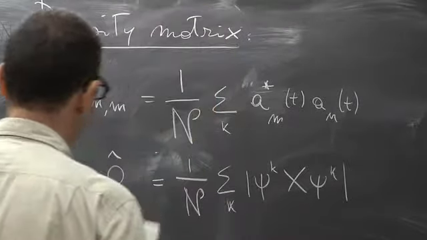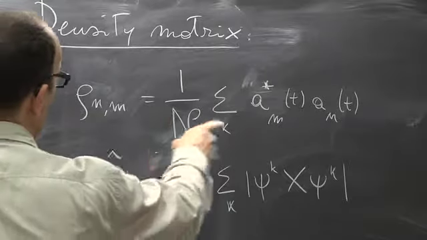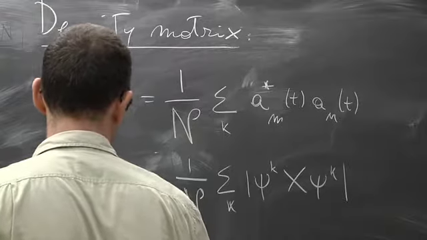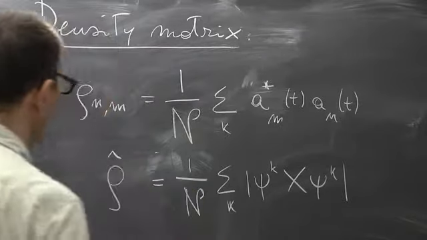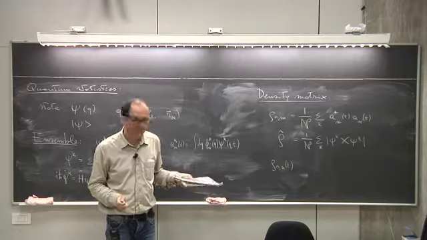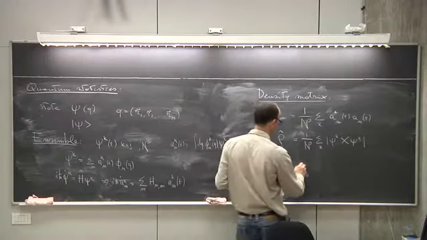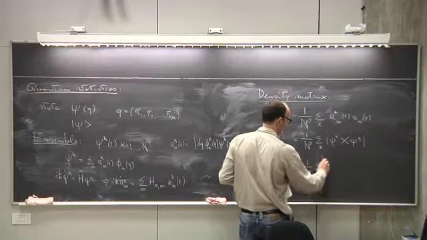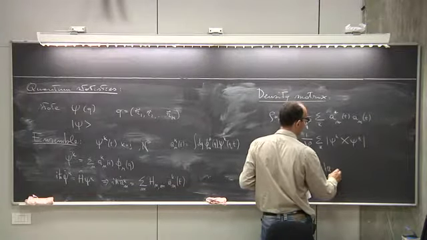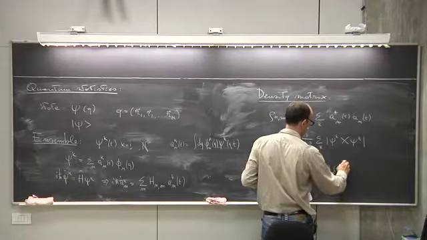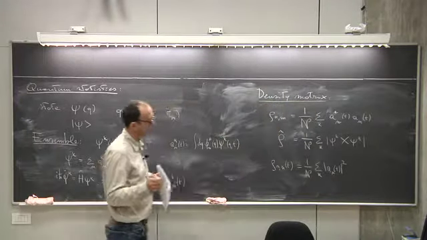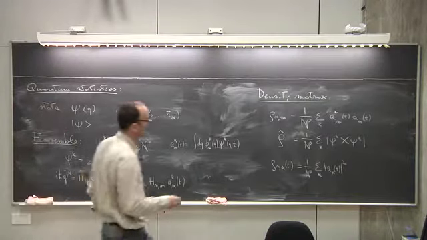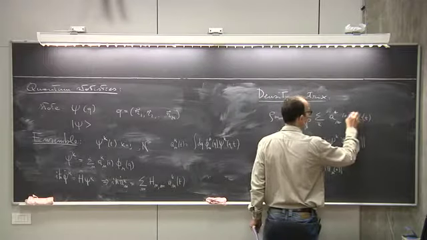So for example, if you compute the diagonal elements of the density matrix, this is precisely 1 over N sum over k of a_kn of t modulus square. So this is precisely the probability that in a copy, so there is a k here.